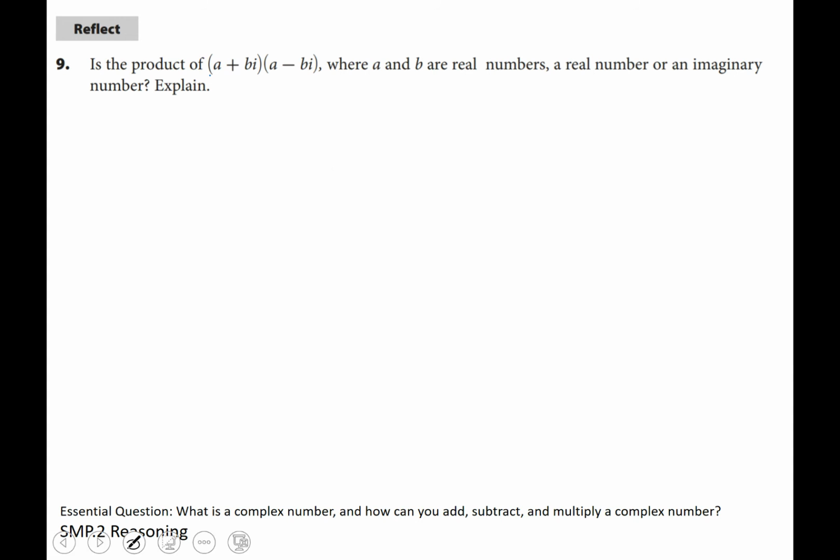So if we're going to FOIL this out, we'd get a times a, which is a squared. Then you'd get a times -bi. Then we'd have a plus a times bi. And then we'd have -b squared times i squared.